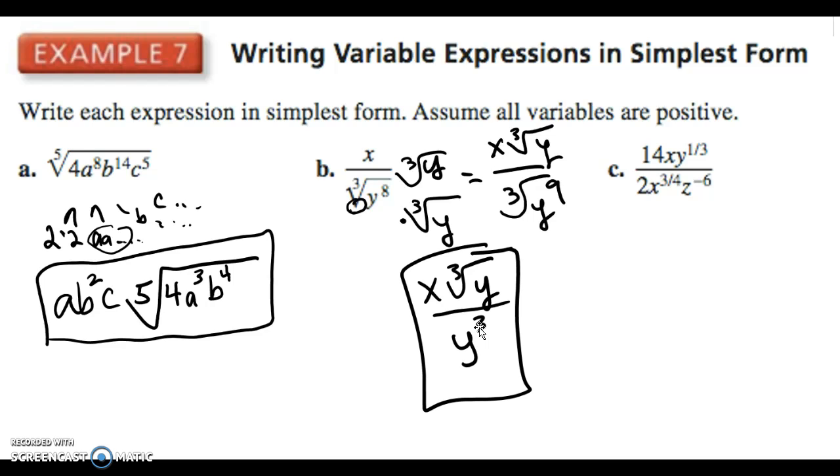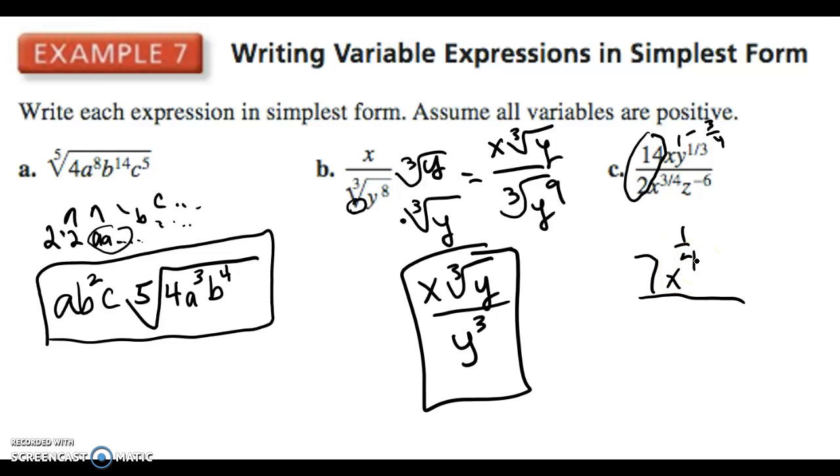Now let's look at C. Again, don't be afraid of this. What I want you to do is focus on one thing at a time. So sometimes I just start with a blank fraction bar. Worry about the numbers first. 14 over 2, or 14 divided by 2, is 7. Now let's worry about the x's. I have x to the first on top and x to the 3/4 on the bottom. So you're going to want to subtract their exponents. So 1 minus 3/4, or 1 whole, take away 3/4, leaves us with 1/4.